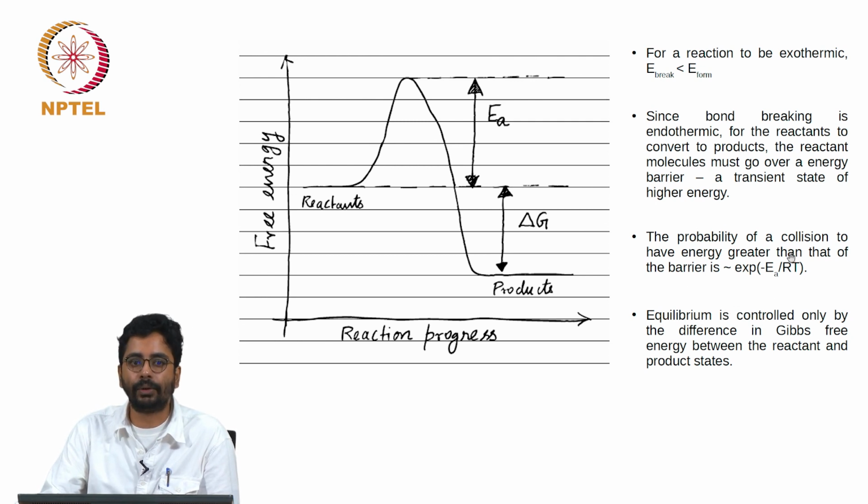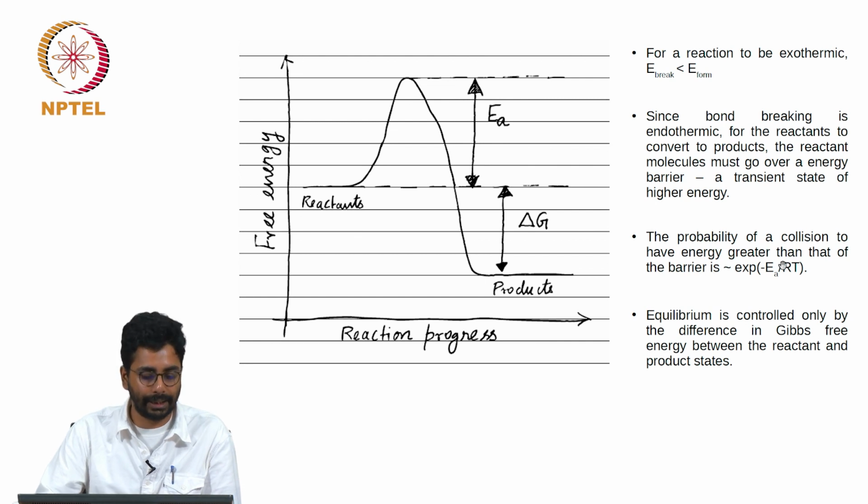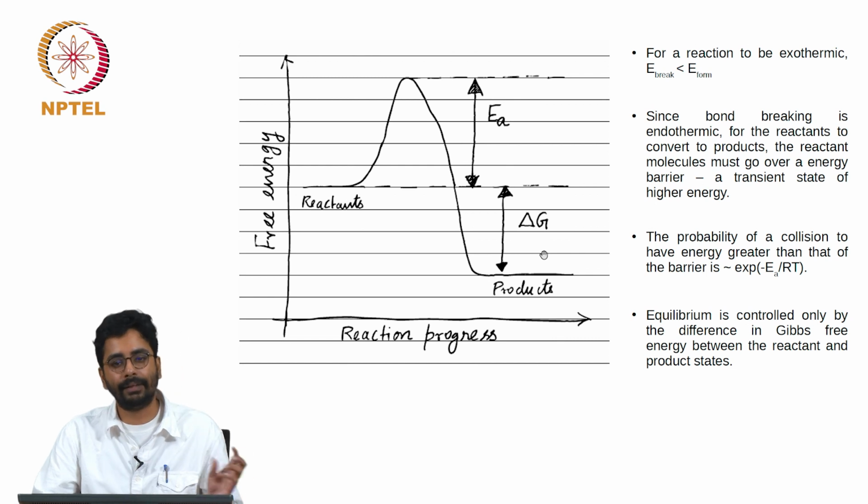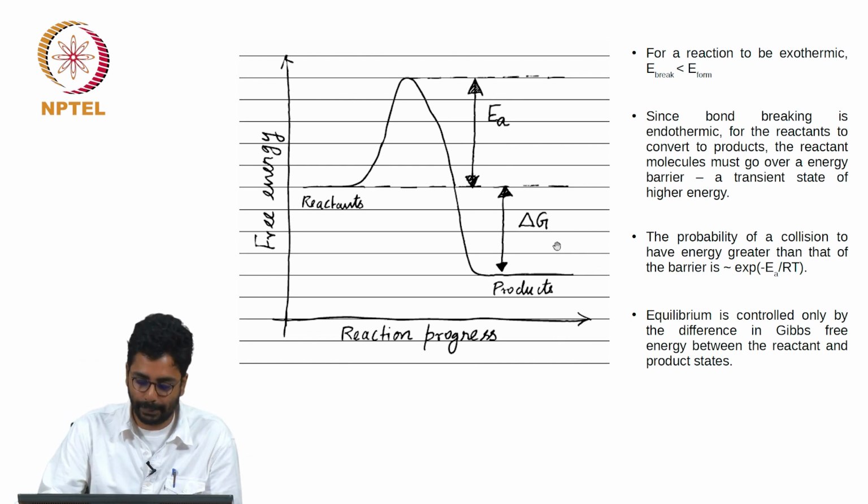So the rate is controlled by exponential minus EA by RT, which is this energy barrier, but equilibrium concerns itself only with this delta G. As long as this delta G is negative, it converts the reactants to products spontaneously.